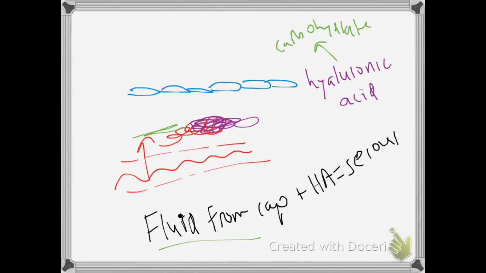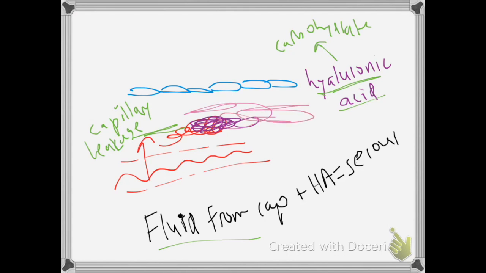This phenomenon of fluid leaking from the capillary is called capillary leakage. And the epithelial tissue is again going to secrete the hyaluronic acid, which is rich in carbohydrates, making it slippery and viscous. We talked about the areolar tissue, so there are some fibers in it that help connect all this stuff together.